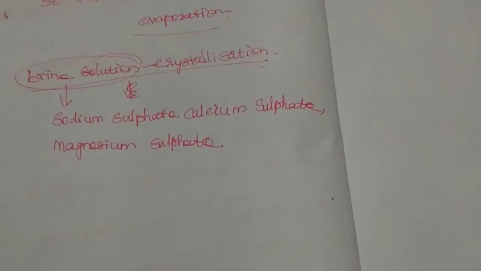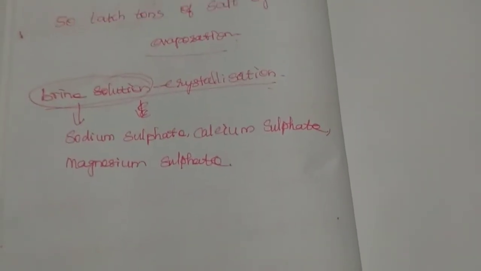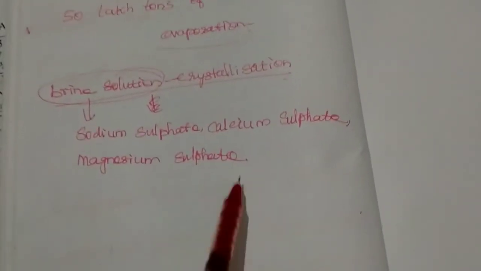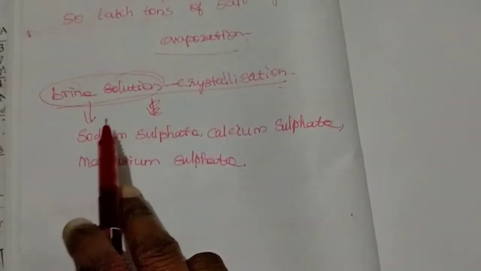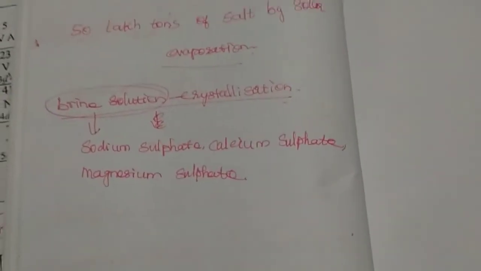Pure sodium chloride is generally prepared from this crude salt solution, which is obtained by crystallization of brine solution.